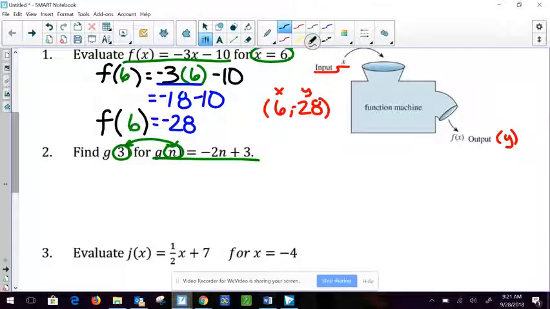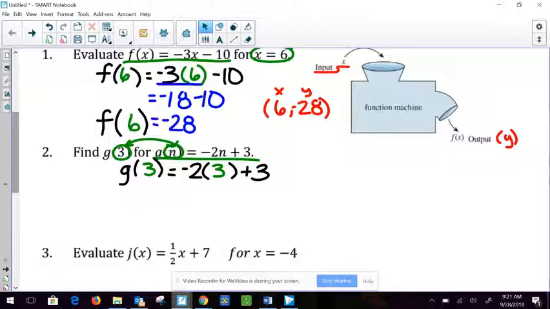So I'm going to rewrite my equation. Instead of saying g of n, I'm going to say g of 3 is equal to negative 2 times 3, and then I still have that plus 3. Because that 3 is in n's position, I'm putting that in n's place in my equation.